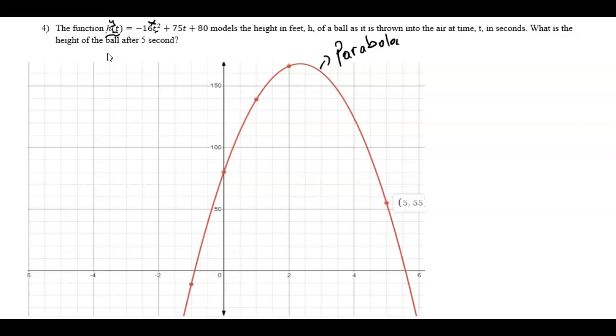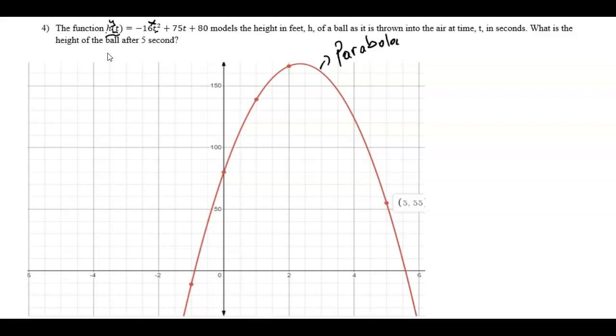Now the curve opens down, like a U upside down, so we have a maximum. Every time you throw something in the air, we're always going to have a maximum, because when you throw something in the air, it goes up and then comes back down, so it's a curve that opens down.